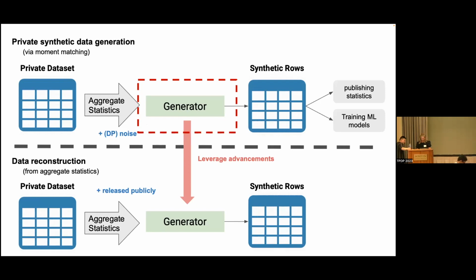The idea is that you want to release statistics with privacy, and one thing you can do is fit a synthetic data generation algorithm to these statistics, so that the statistics calculated on the synthetic data set are pretty close to the original ones. If you look at this diagram, synthetic data generation and data reconstruction are very similar, nearly identical. So we realized we could leverage modeling advancements from this line of research for data reconstruction.